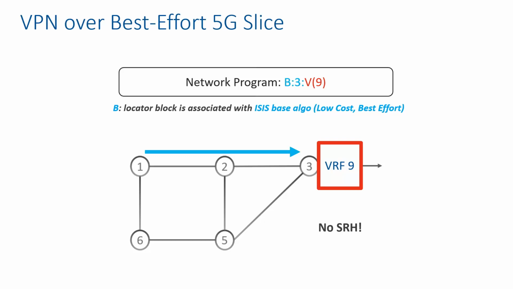So I am able to understand the remaining 64 bits, and I am able to decode that it means a VPN function: decapsulate the packet and look up the inner transported packet in table 9. And that's it. We have very easily realized a VPN service over a best effort 5G slice. This has required no segment routing extension header.